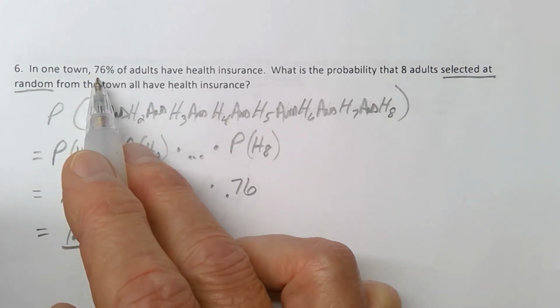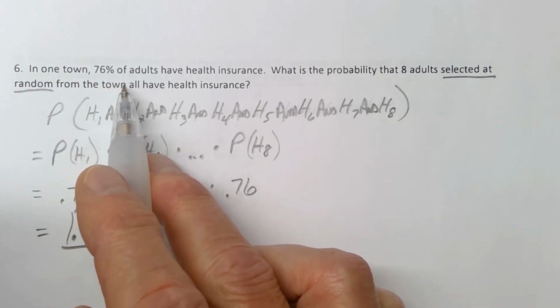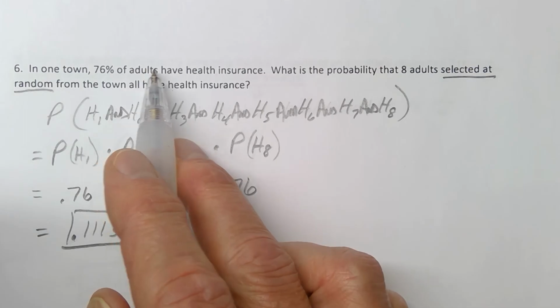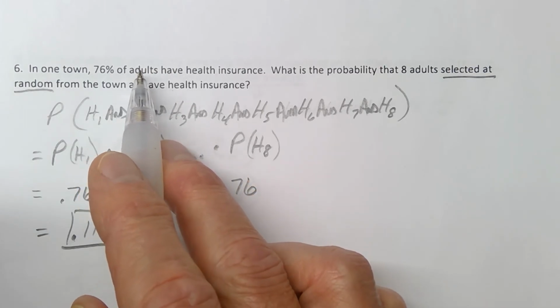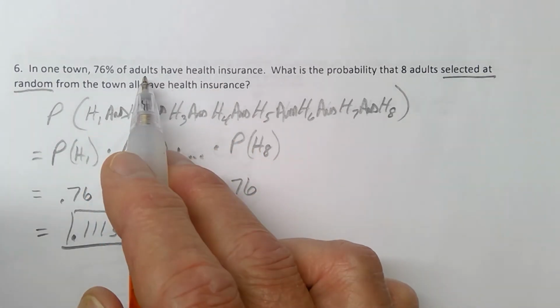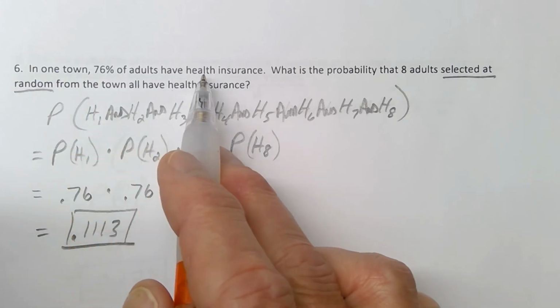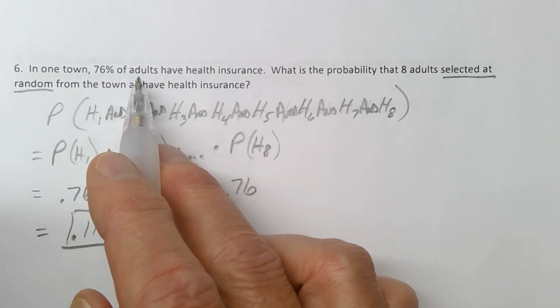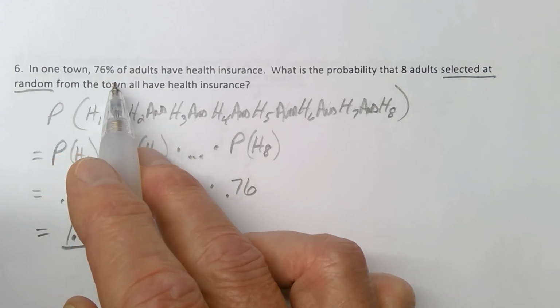There's a 76% chance that that person has health insurance. Now, whether you put that person back out in the hall or not doesn't really matter. I can open the door, I can reach out and grab another person from the town, and the chance that that person has health insurance is also 76%. Nothing about the first adult is going to change anything about the second adult.